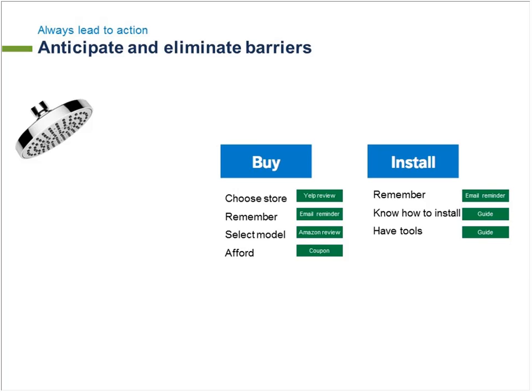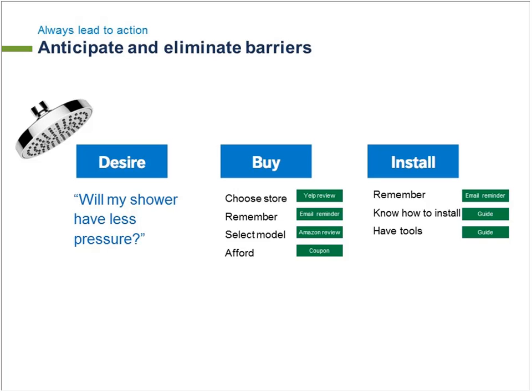But in this particular case, there's even another barrier that we haven't mentioned yet, and that is the motivation to take this action in the first place. A common question that people have about low-flow shower heads is, is this going to affect my comfort? This is important to realize because if we don't address this barrier first, we won't even get to any of the rest of the subtasks that are part of this journey.